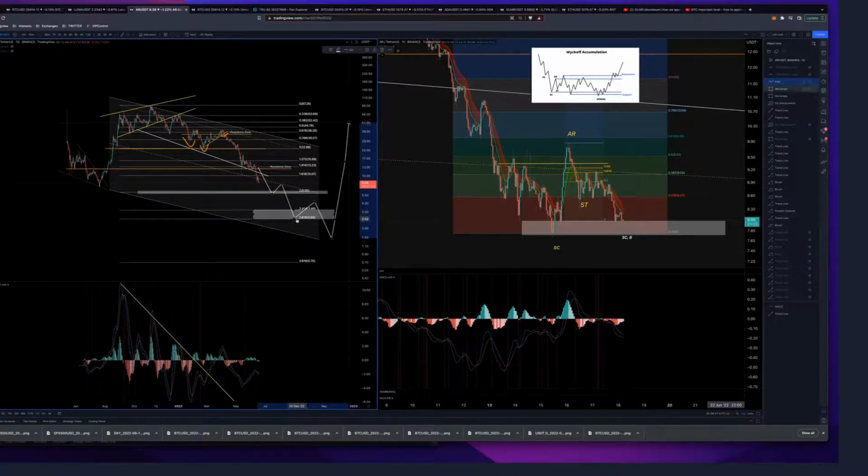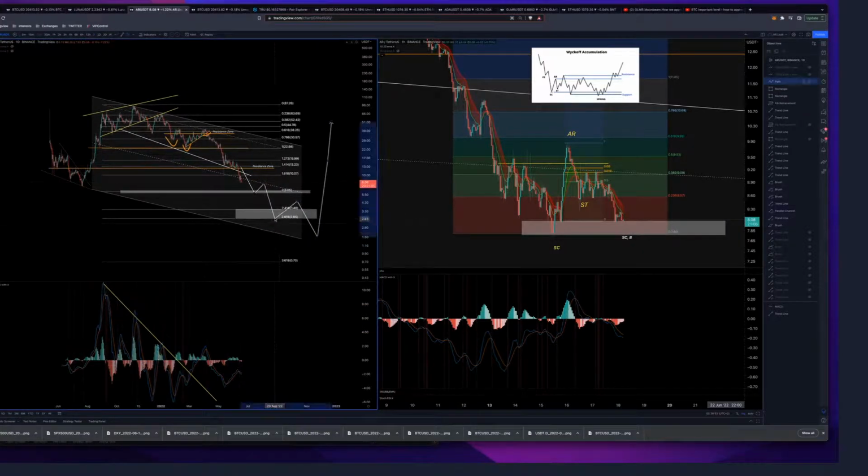So if that doesn't hold, we can be down to the bottom of this channel. That's still a fair bit of a move. So if you look at that all the way down there, that's a lot of move. Yeah, that's probably not right. I think that's more realistic. Another 50%. This probably be the case.